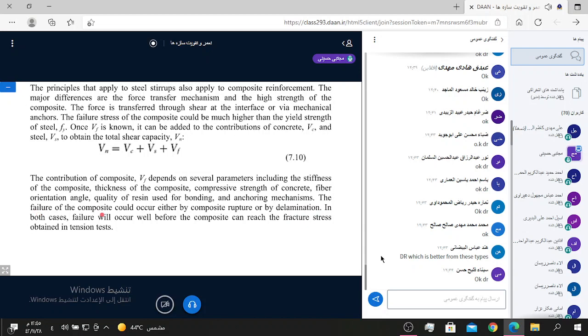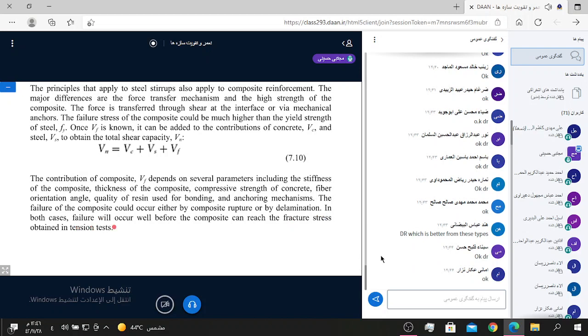The failure of composite will occur either by composite rupture or by delamination. In bad cases, failure will occur by rupture.